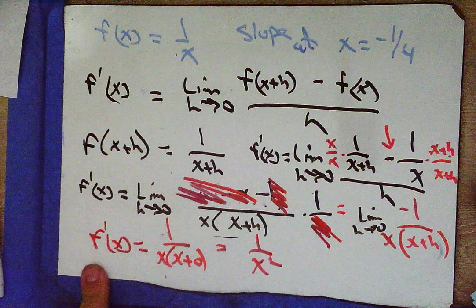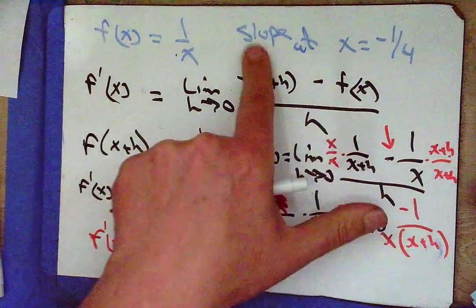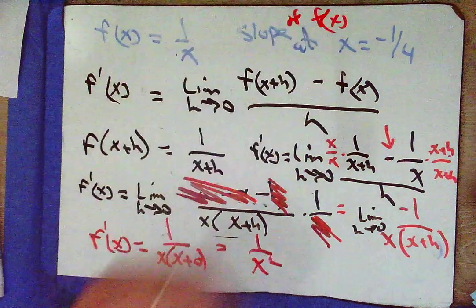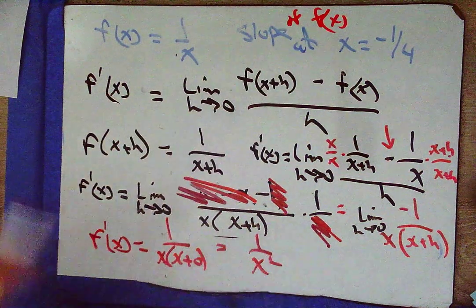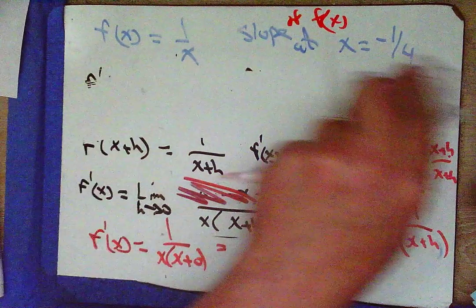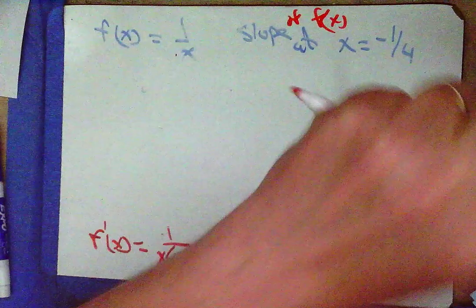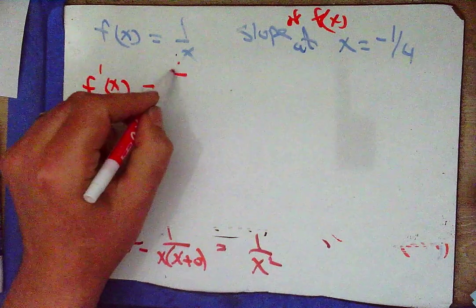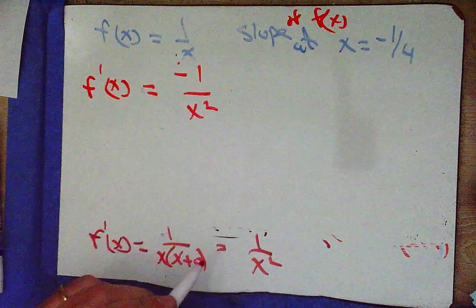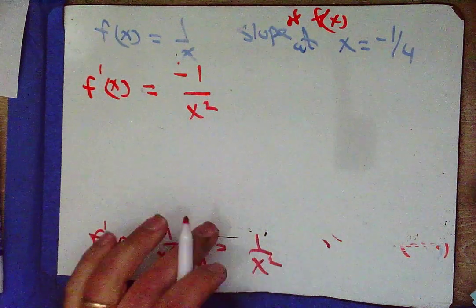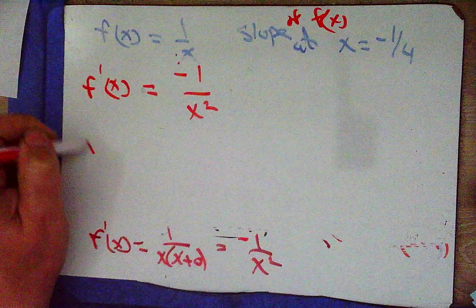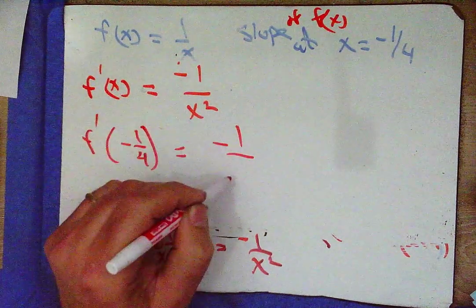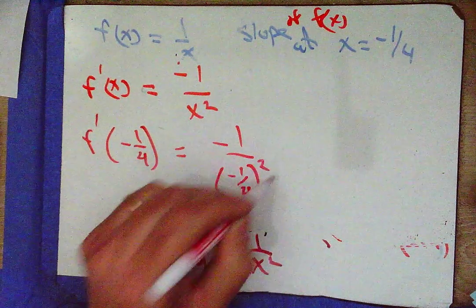Now, how can I use f prime of x to find the slope of f at x equals negative 1/4? Well, that's easy peasy. Having found the general derivative, negative 1 over x squared, to find f prime at negative 1/4 simply means that I plug a negative 1/4 in and square it.